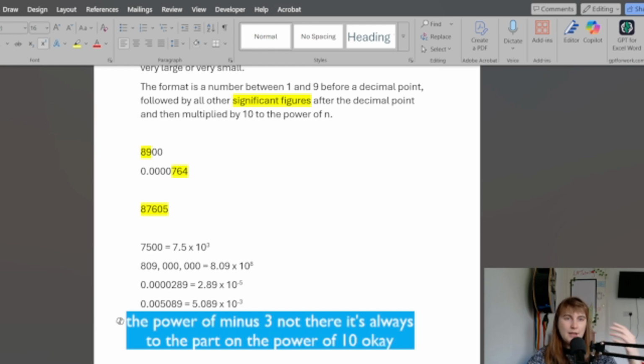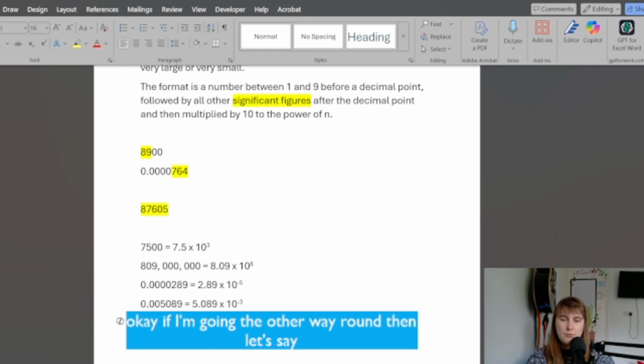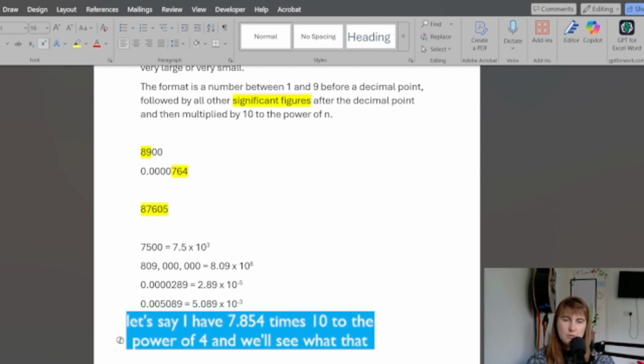Okay, if I'm going the other way around, then let's say I have 7.854 times 10 to the power of 4. And we'll see what that equals in a minute. I'm just going to write a few of these down first. 3.219 times 10 to the power of 11.